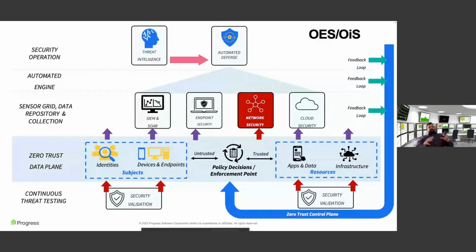If we are building an adaptive security architecture where zero trust is central, we can see a zero trust control plane and the different levels of the adaptive security architecture. The sensor grids, data repository, and collections are also about network security, where Flowmon, for example, provides network detection and response capabilities, together with endpoint security like XDR, extended detection and response, or endpoint detection and response, cloud security, and log collectors and automation systems like SIEMs and SOARs, which provide the proper data for security operations, threat intelligence, and automated defense.